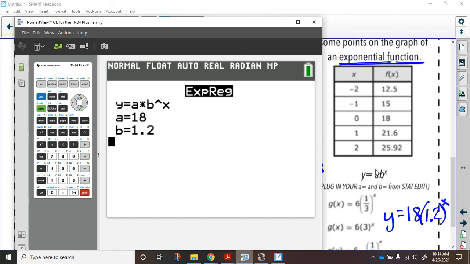So if we use the exponential function, this is the answer we should get. Y equals 18 times 1.2 to the x.